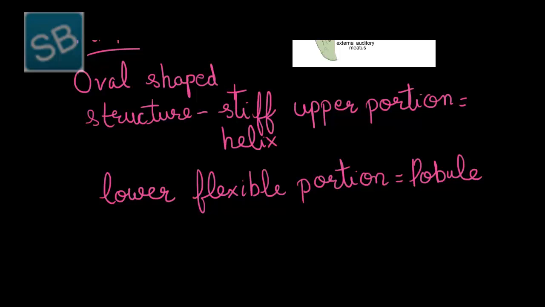Thus, pinna is made up of two structures, the upper stiff portion, helix, and the lower portion, lobule.